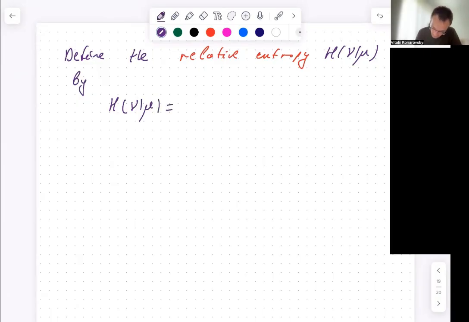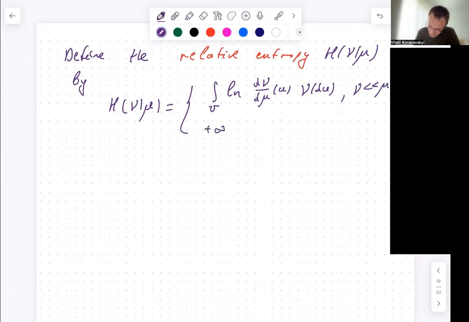It is equal to the integral over U of the logarithm of the derivative d nu d mu of u, times nu du. But of course, the derivative exists when nu is absolutely continuous with respect to mu, and it is plus infinity otherwise.